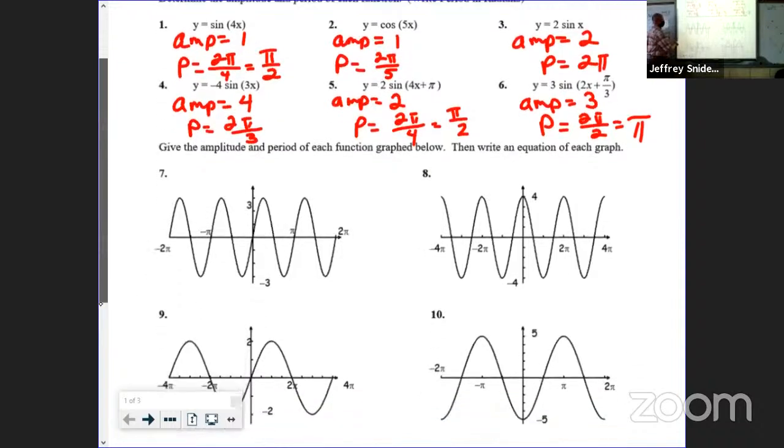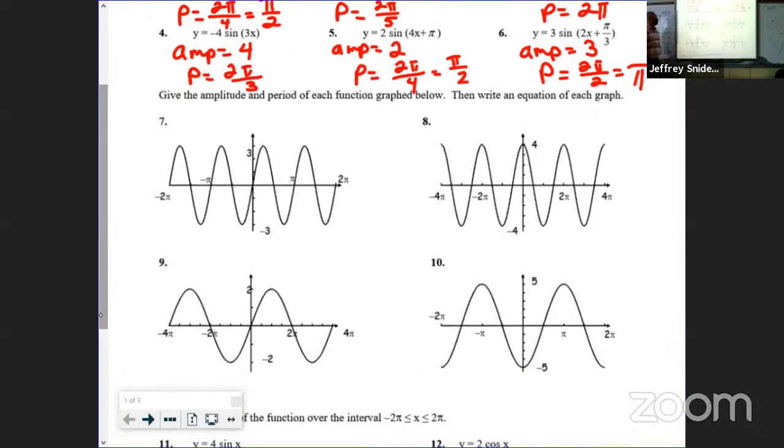The next section, you were given graphs. Start by finding the amplitude and the period of the graph. I'm just going to write them down as an A value and a P value. The A value here is 3. Beautiful. Now for the period, I'm going to trace a sine or a cosine curve, a cycle.